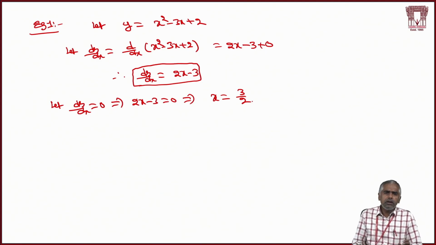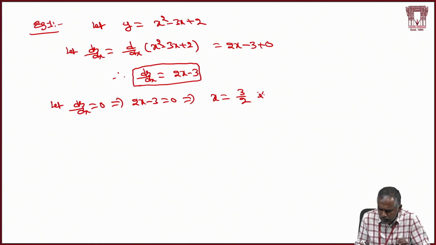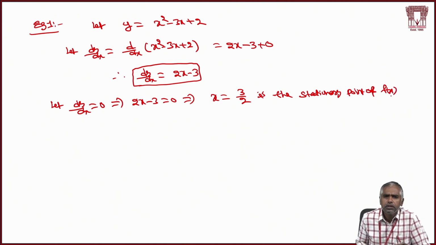So after equating dy by dx to 0, that means 2x minus 3 equal to 0, then we will get x equal to 3 by 2, which is the stationary point of f of x. Okay.